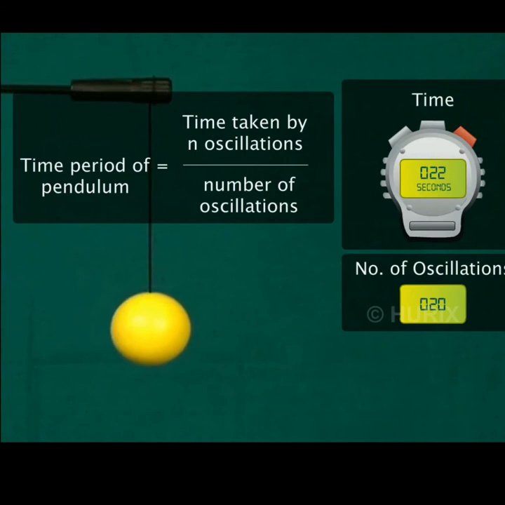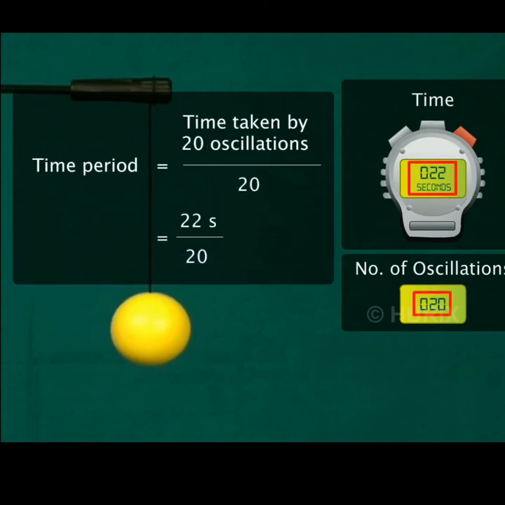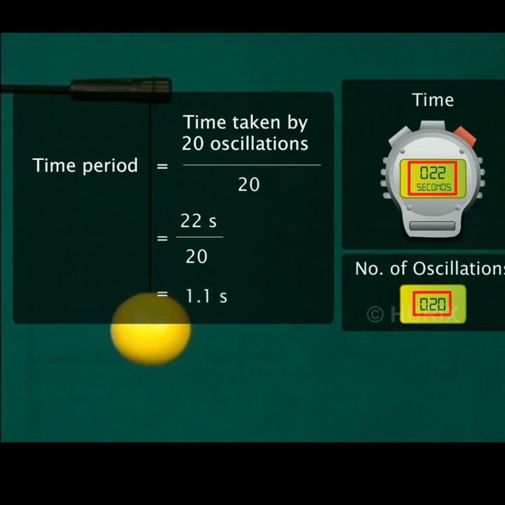We can calculate the time period of the pendulum by dividing the time taken by n oscillations by n, the number of oscillations. The time the pendulum takes for 20 oscillations is 22 seconds. The number of oscillations n is 20. The time period of this pendulum is 1.1 seconds.